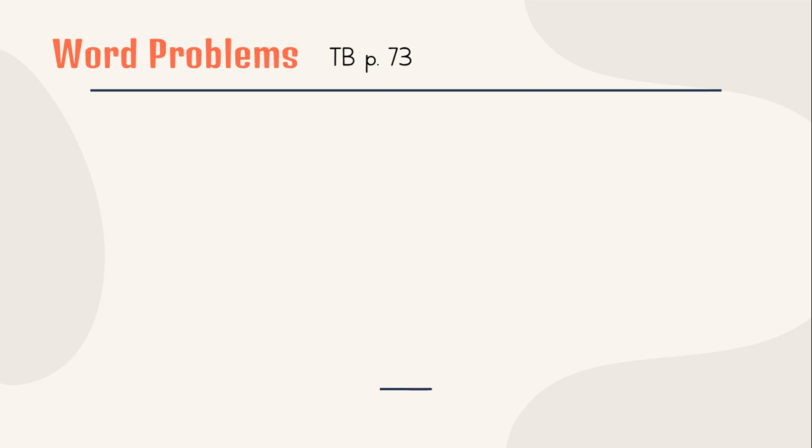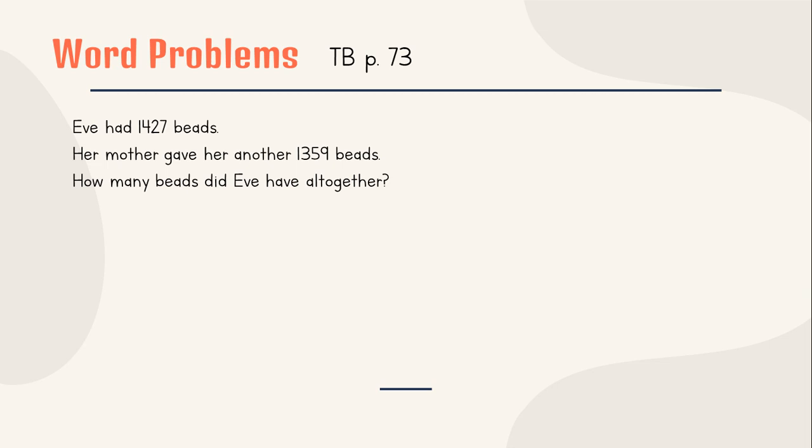So please open up your textbook, page 73. Now we're going to have this problem. This is what we call word problems. Eve had 1,427 beads. Her mother gave her another 1,359 beads. How many beads did Eve have altogether?